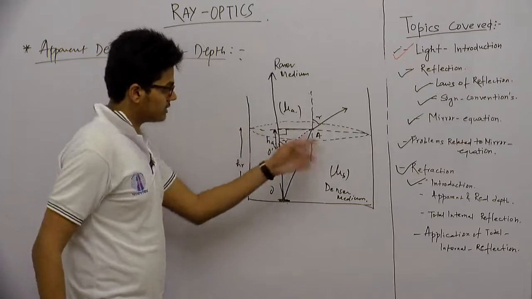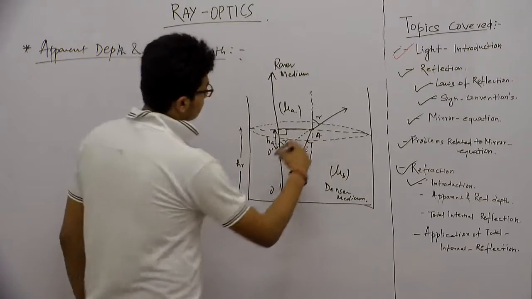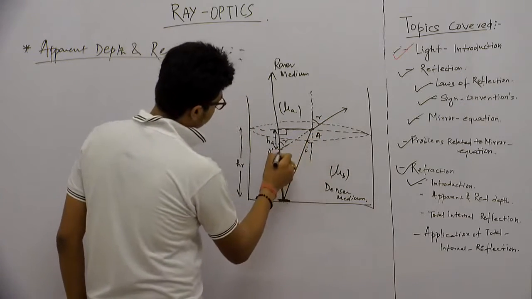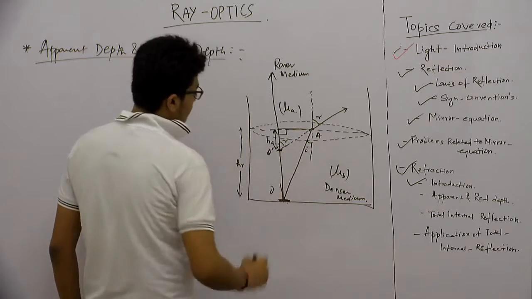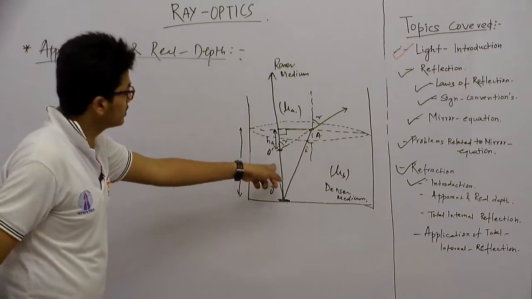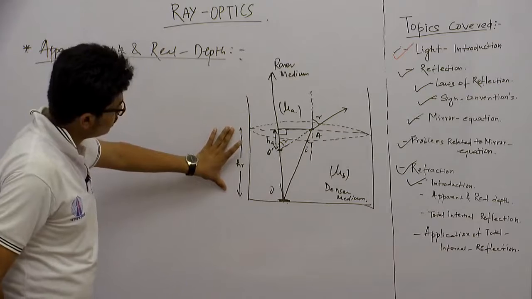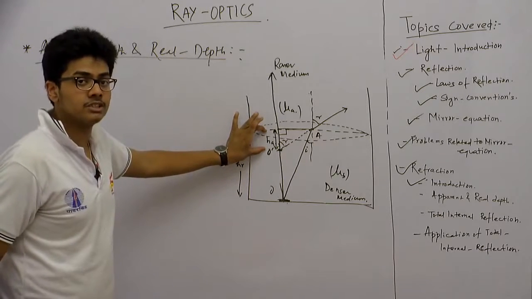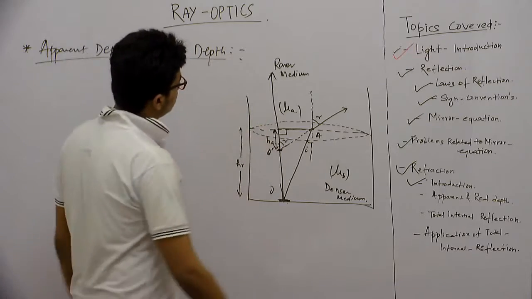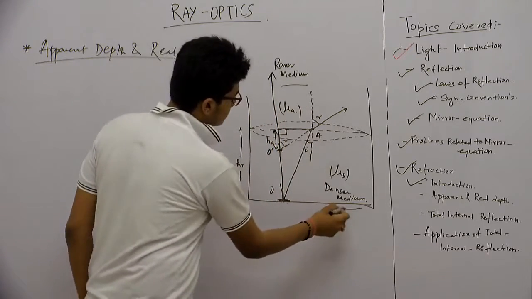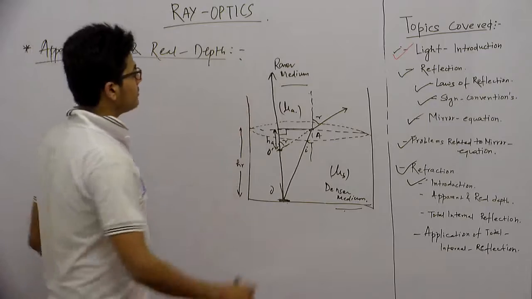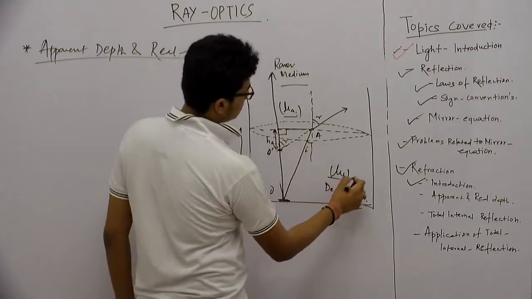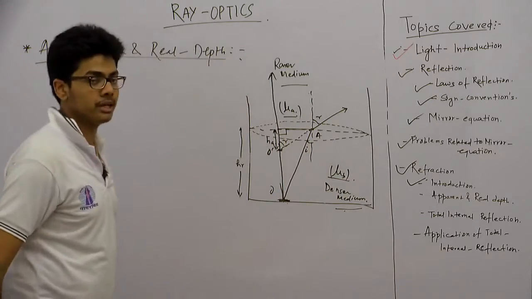Because the tank is full of water, it is refracted and the image is formed somewhere at this position. So this is the real height of the object and this is the apparent height of the object where the image is finally formed. This is the rare medium and this is the denser medium. The rare medium is denoted as mu of A and the denser medium is denoted as mu of B.